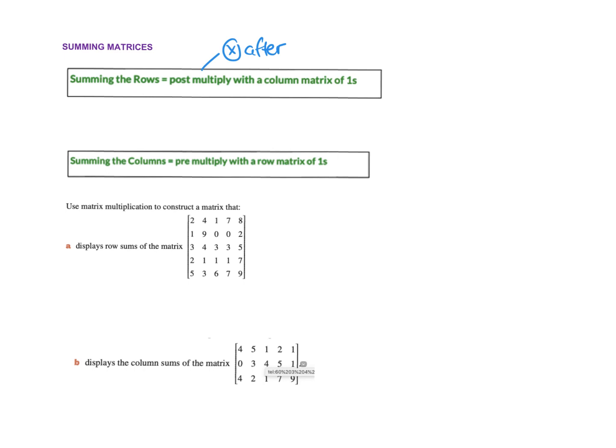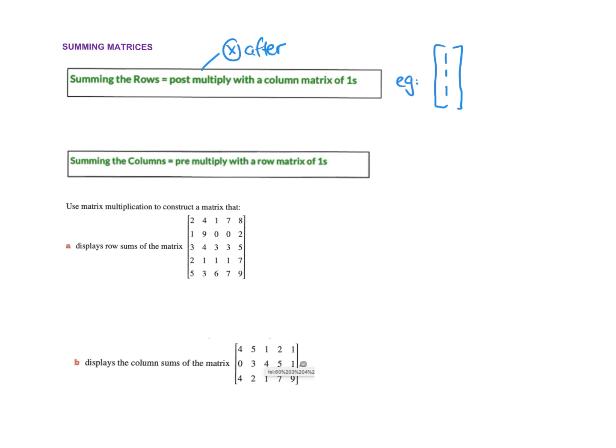So what do I mean by a column matrix of 1s? It will look like this. Say this is an example. That's a column matrix full of 1s. If you multiply a matrix after that, it will add up the rows, and we'll see that in a minute.